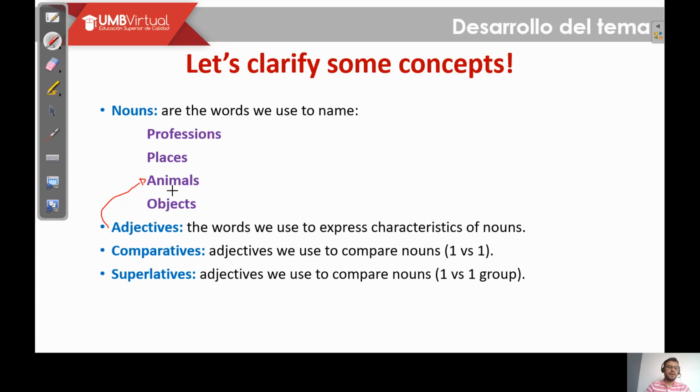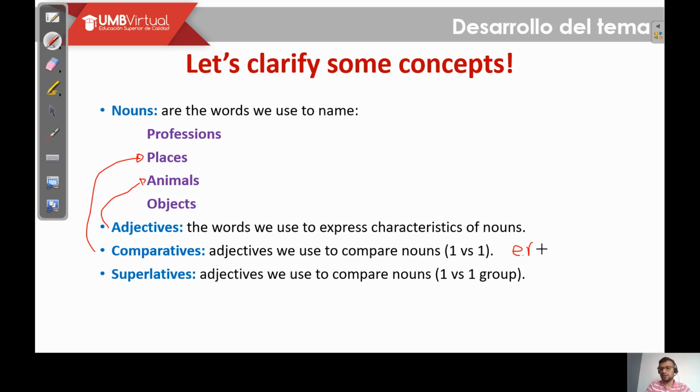Ahora, con estos adjetivos nosotros podemos crear comparatives, que son los que utilizamos para comparar mediante adjetivos dos nombres. Por ejemplo, dos lugares que yo conozca. Yo puedo comparar, por ejemplo, si uno es más grande que otro, one is bigger than the other, ¿ya? Con los comparativos aparece el ER, acuérdense.